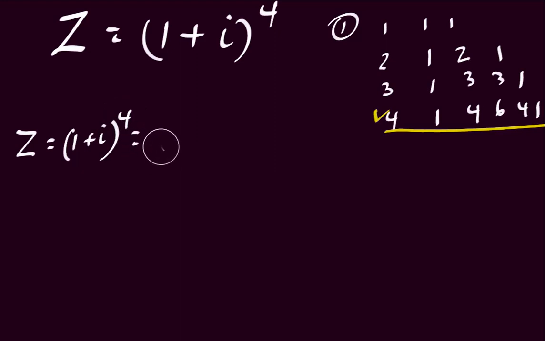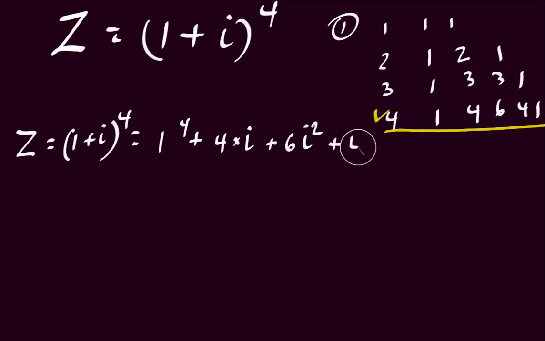So it is equal to 1 to the power 4, which is 1, plus 1 cubed times i times 4, of course, the coefficient, plus 6 times i squared, plus 4 i cubed, and then plus i to the power 4.